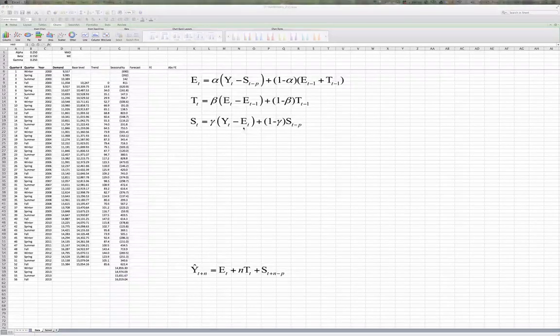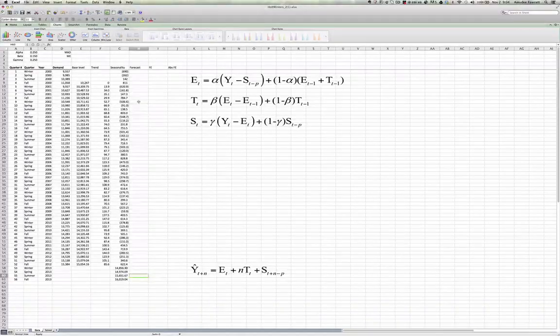The reason I'm starting here, by the way, is that I now have for the entire preceding year estimates for the seasonal factors, and I have, of course, weighted estimates for the most recent base level and trend as well.